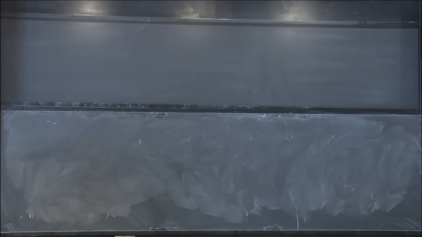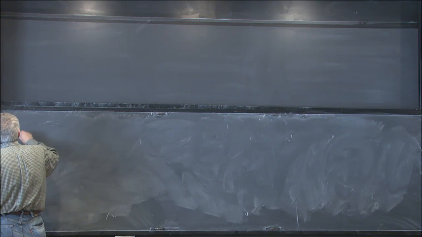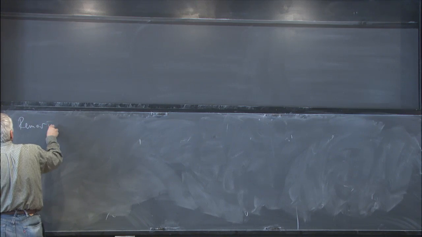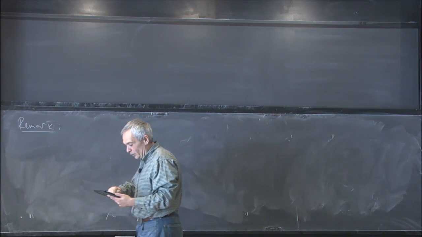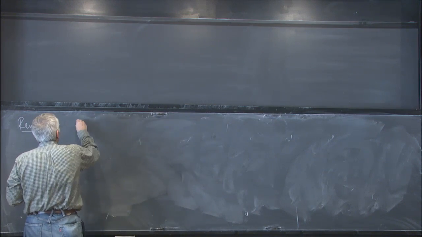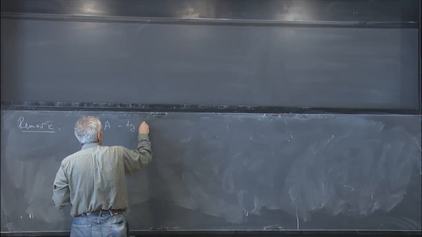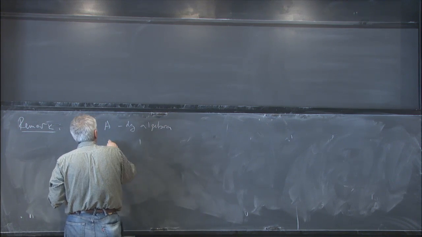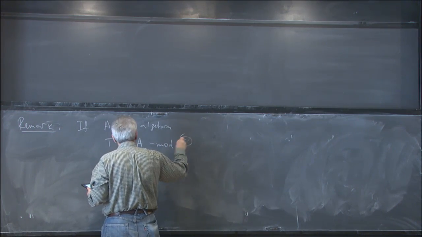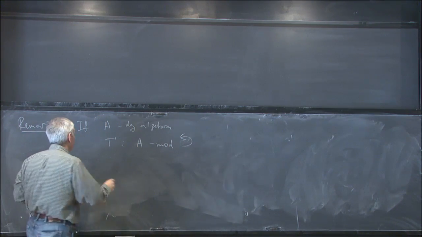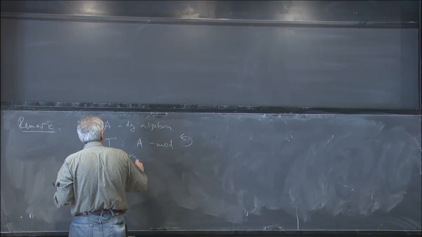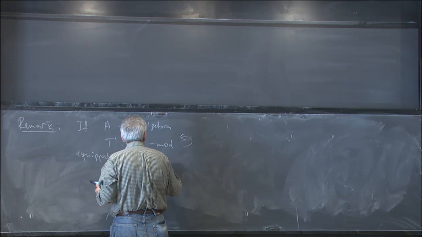So there is a key lemma or remark, or I don't know what to call it, which says that if we have a DG algebra and an endofunctor of the category of A modules, which is equipped with a co-unit morphism to the identity.